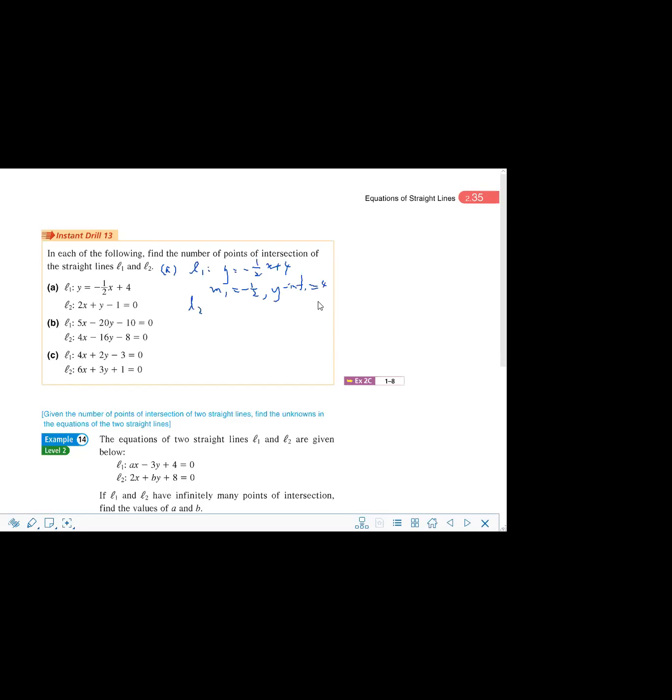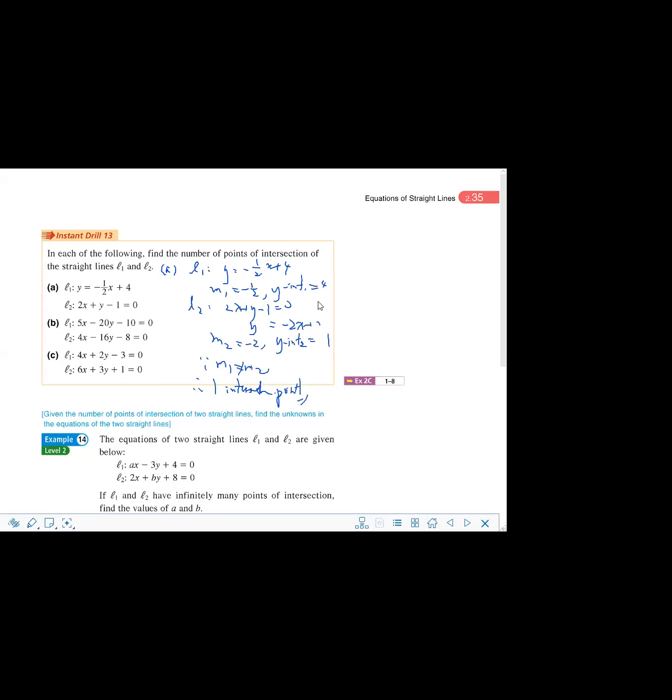For L2, 2x plus y minus 1 is equal to 0. Keeping y to be the subject, negative 2x plus 1. So m2 is negative 2 and y-intercept 2 is equal to 1. Because m1 is not equal to m2, we can go to the conclusion directly. So there is only one intersection point.